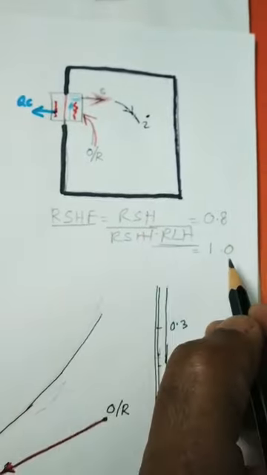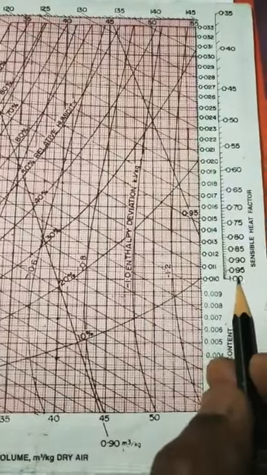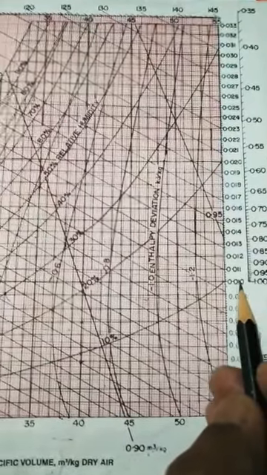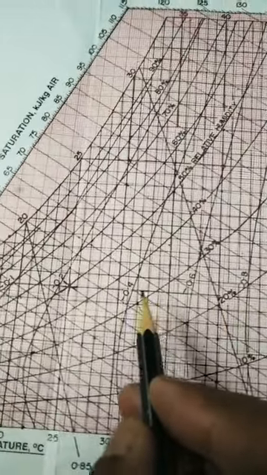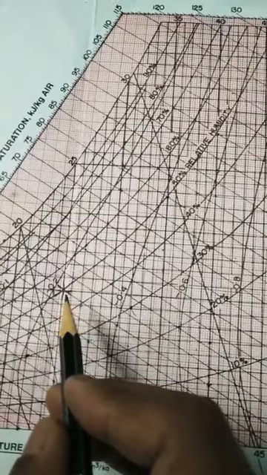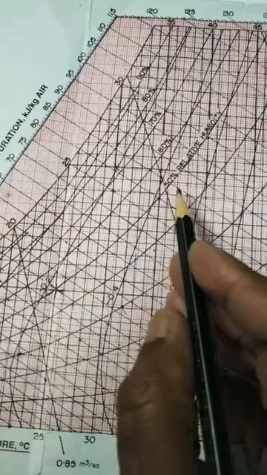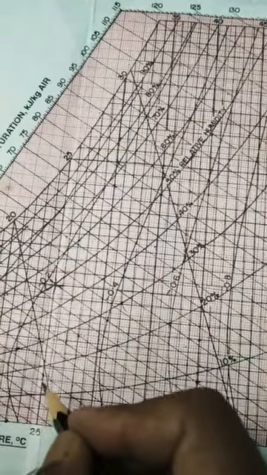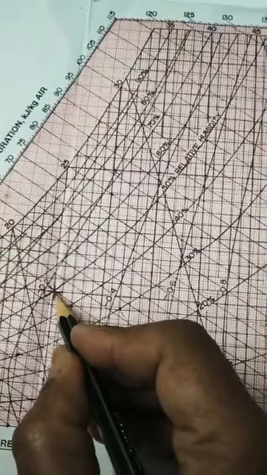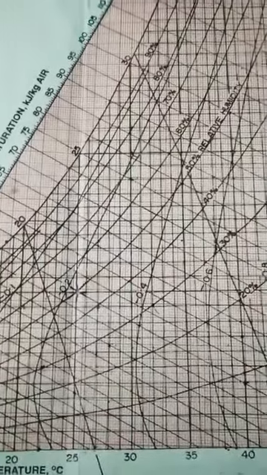and the room sensible heat factor becomes 1.0, then you see this line. You see how it is moving. It is moving and zeroing down at a certain value of relative humidity: 50% relative humidity and 25 degrees centigrade dry bulb temperature. This particular point is said to be the room design condition.